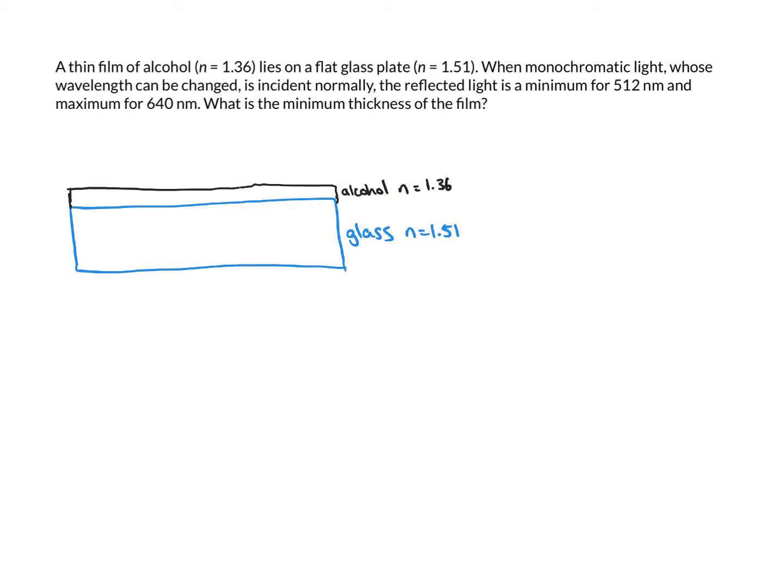We're going to shine monochromatic light, which means light of one wavelength, or a laser, down on it normally, so approximately perpendicularly. And with this laser, we're able to adjust the wavelength to whatever we want. So they say that when we use 512 nanometers, which is kind of green, it returns a minimum.